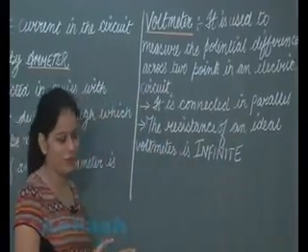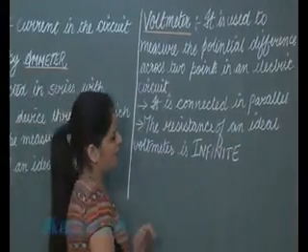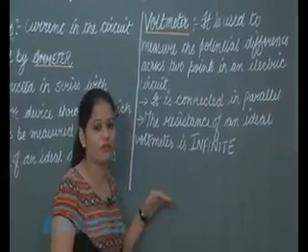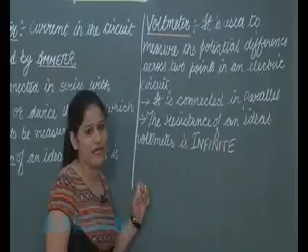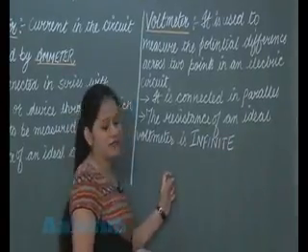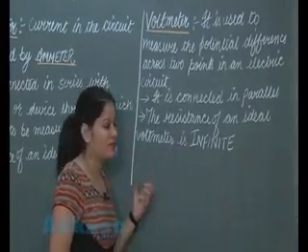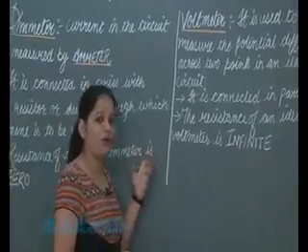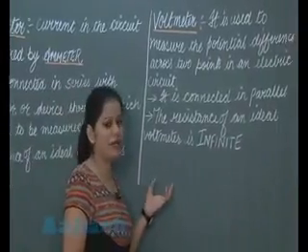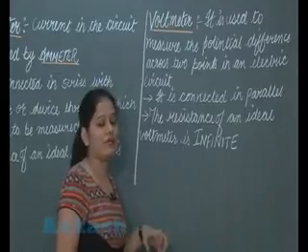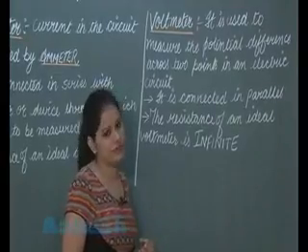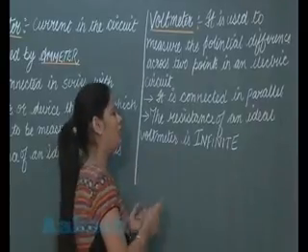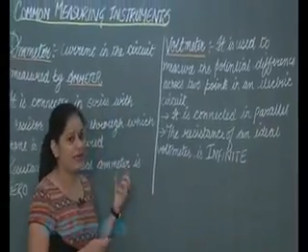Why, student? Because if it has low resistance, then it will draw some current from the circuit, and it will not give us the accurate reading. So if its resistance is more, current will not flow through the voltmeter, or we can say that it will not withdraw any current from the circuit. So its resistance should be high, and for an ideal voltmeter, its resistance is infinite.